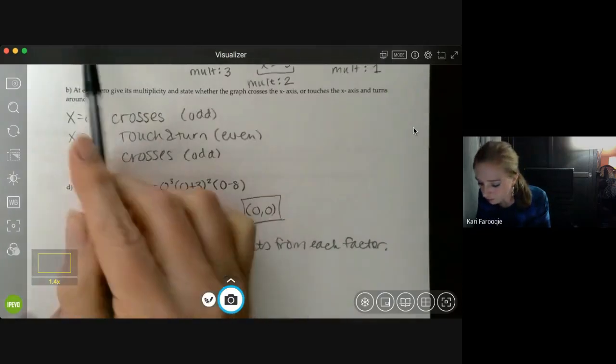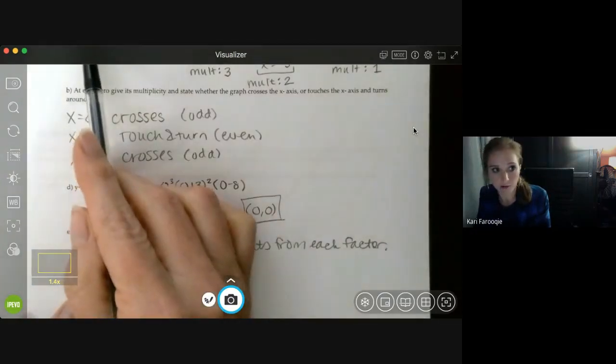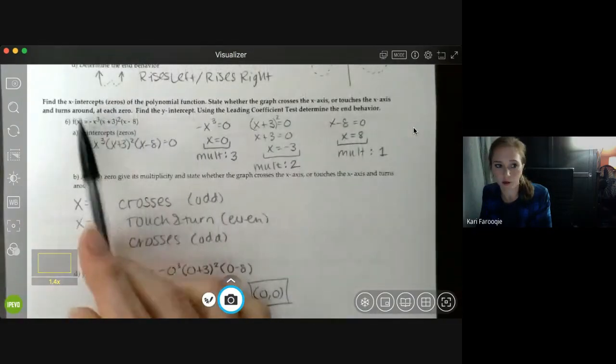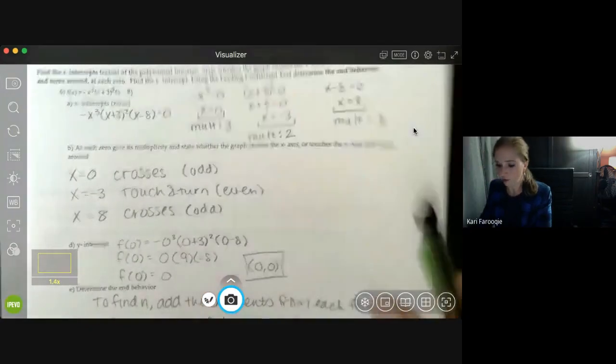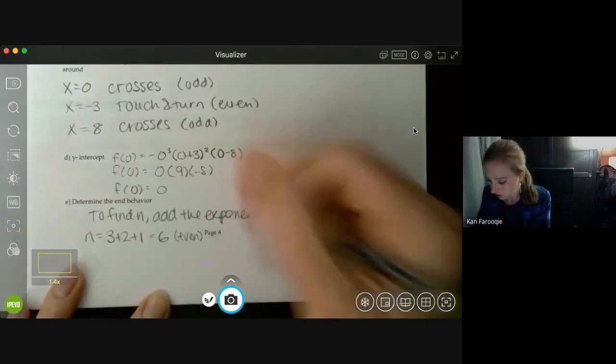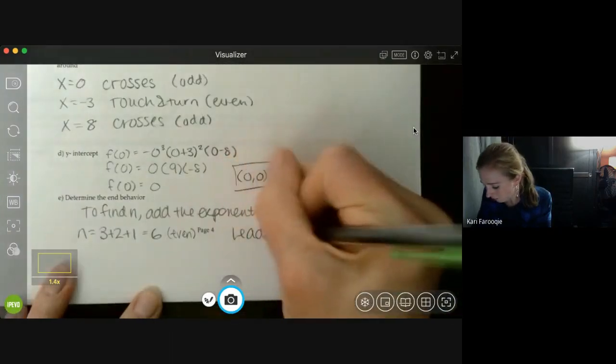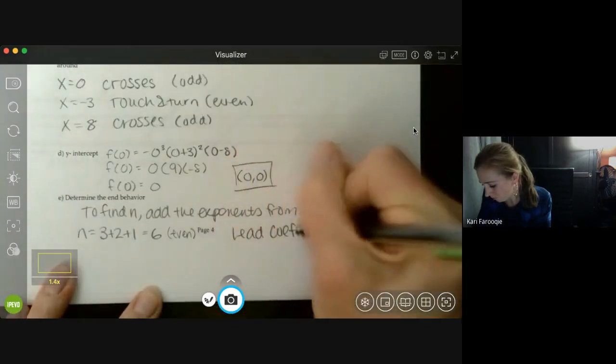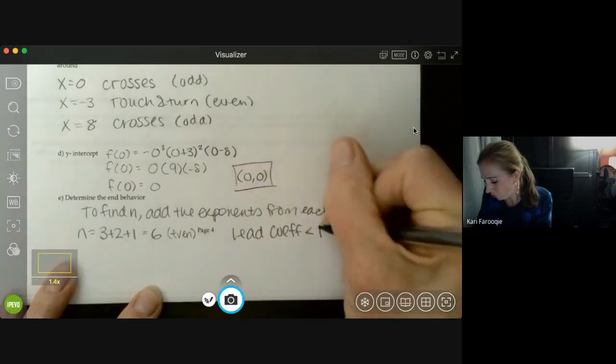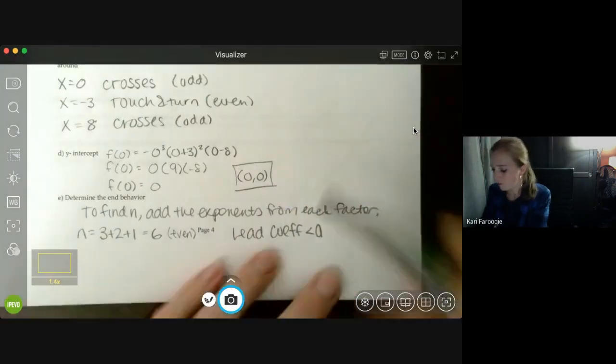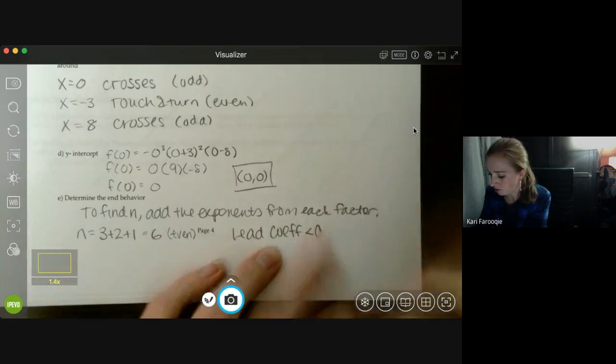This negative in front of the function is not going to go anywhere. It's going to be there no matter what you do. You can't get rid of it. So our lead coefficient is still going to be negative, or I should say less than 0, just to denote that it's negative.